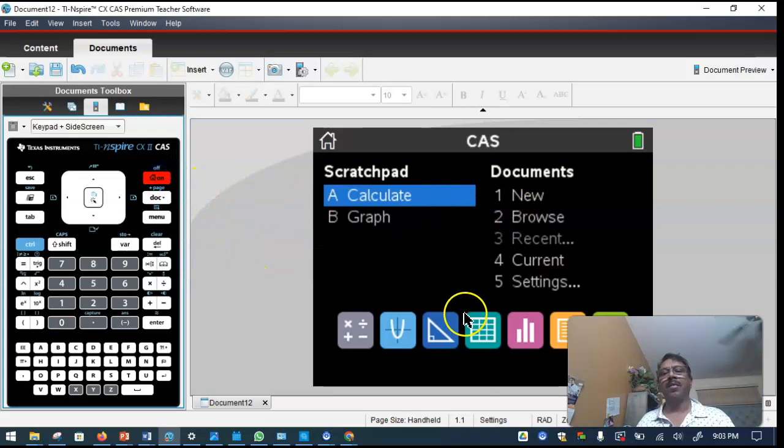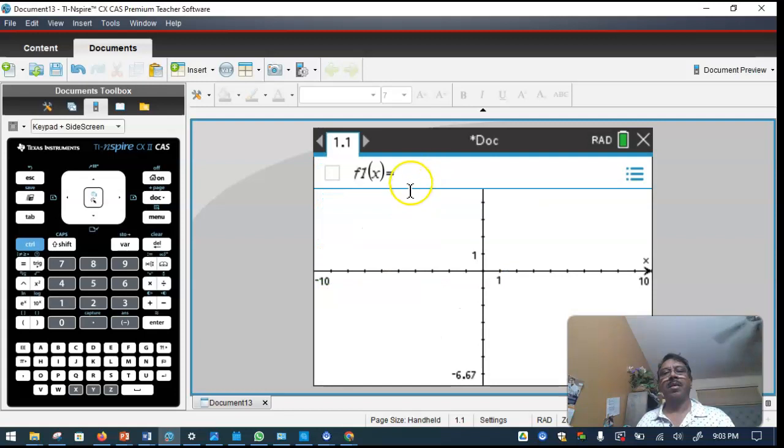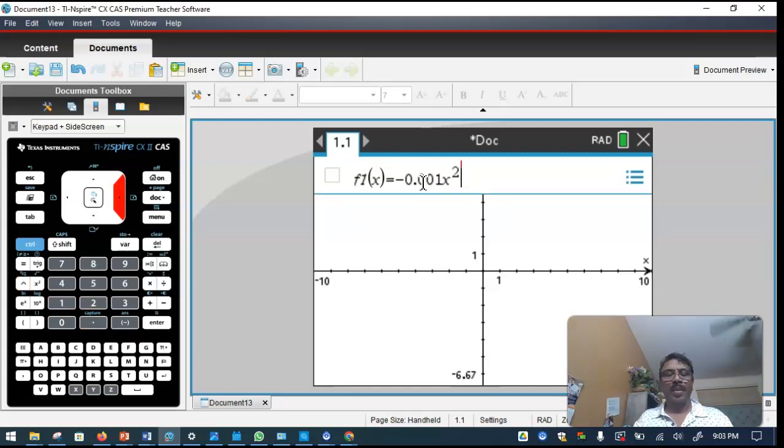Let me repeat this one more time: graph, minus 0.001 x to the power 2, then plus 5x minus 1,900. Okay, and then I press enter.